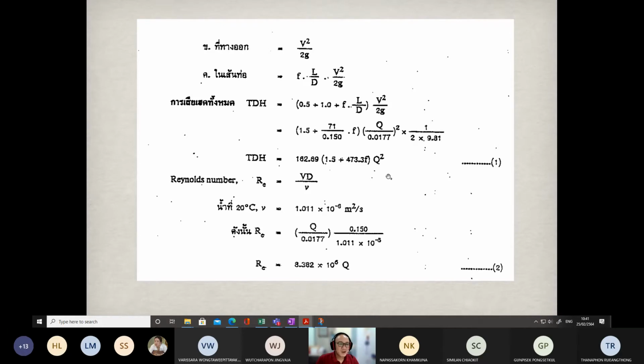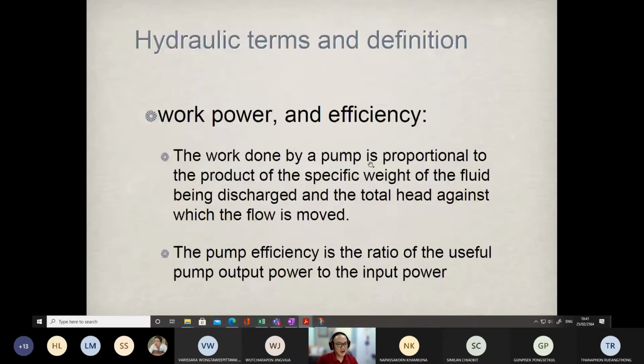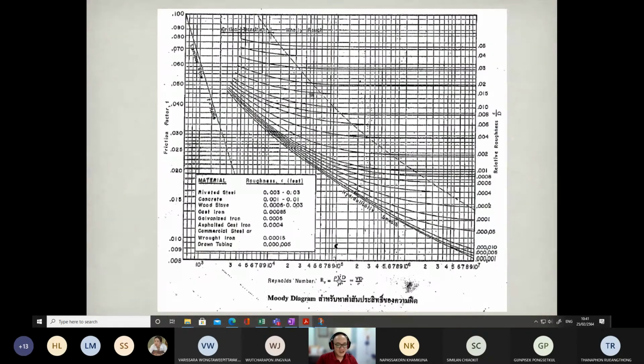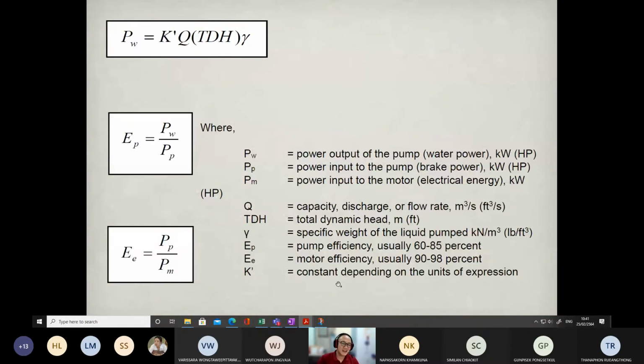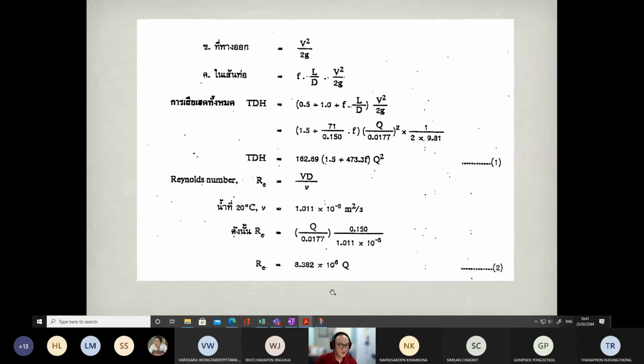But the problem with this equation is that you have to determine the friction factors, because according to the Moody diagram, the friction factor varies depending on the Reynolds number, and the Reynolds number varies depending on the velocities. Can you see the velocities here? Once we change the flow rates, the velocities through the pipes also change, so we have to calculate case by case. It is very complicated if you apply this equation.